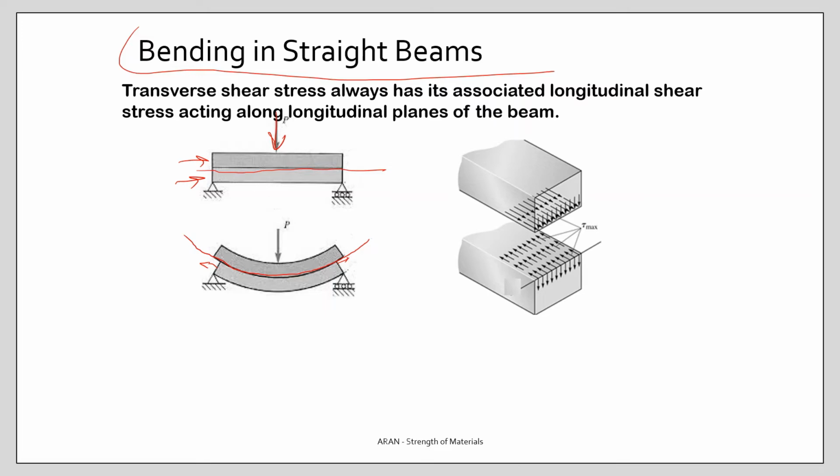It shows that on the surface we have a tau, a shear stress. We can say the transverse shear stresses in a section are always associated with the longitudinal shear stresses acting along the longitudinal planes of the beam.